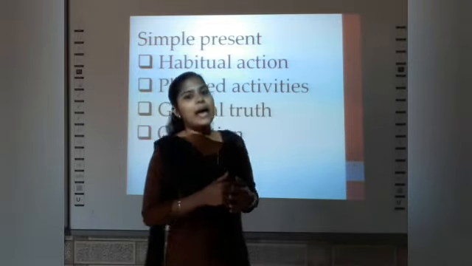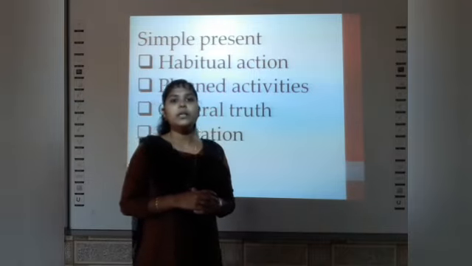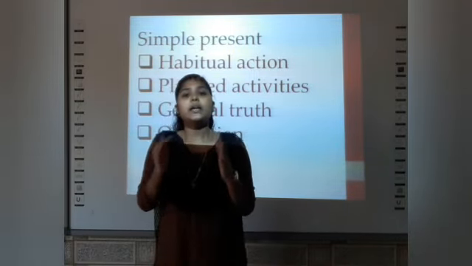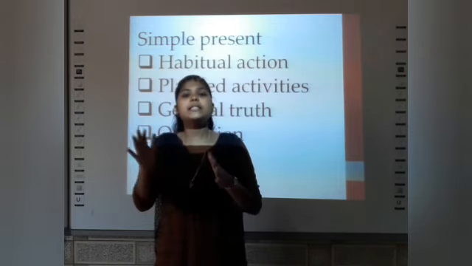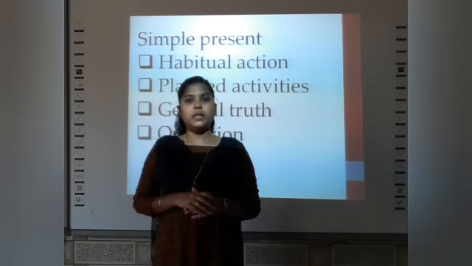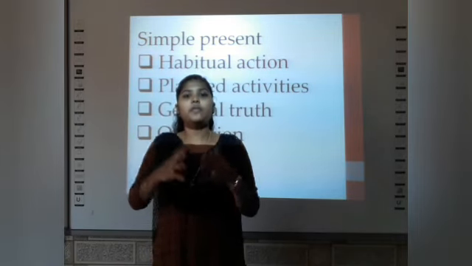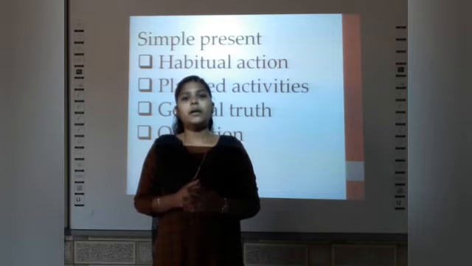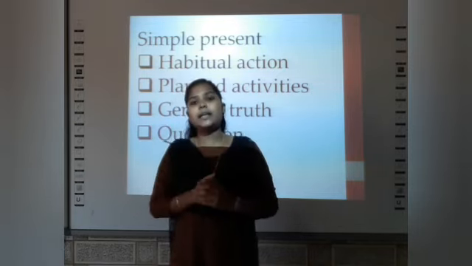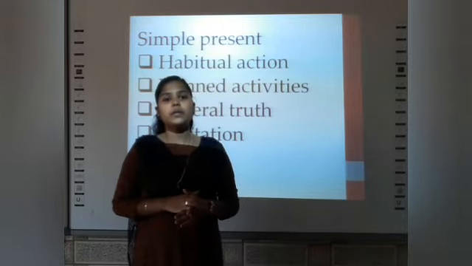Then planned activities. Planned activities means at a particular time we will do something regularly. For example, at 9 o'clock I will be at school. So this is a regular schedule of people. So this indicates a pre-planned activity. Every day we are following the same.